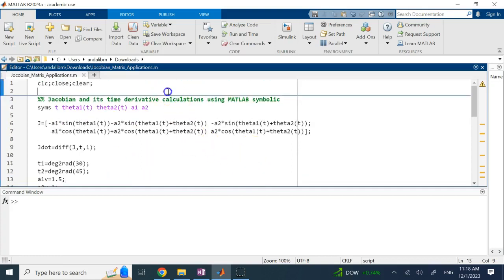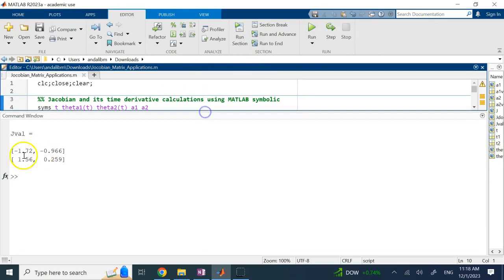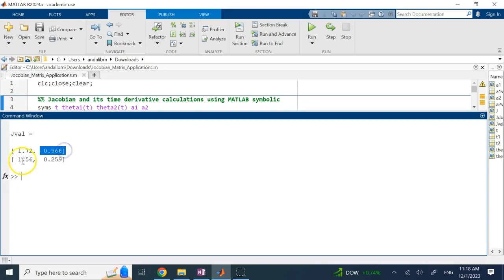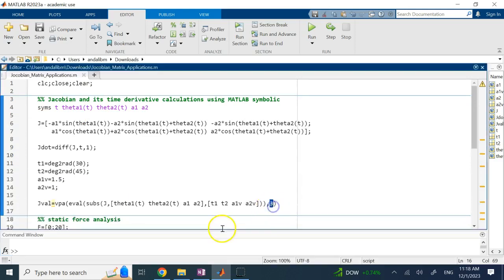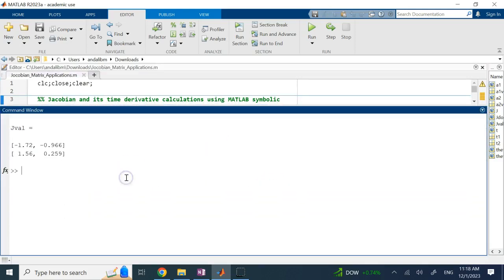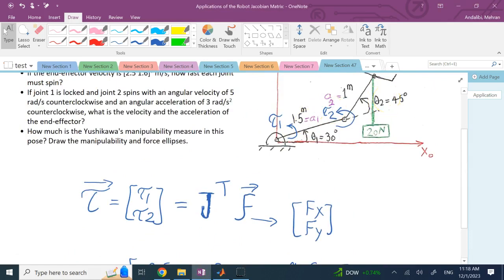If I just run this section only, you're going to get the Jacobian matrix: negative 1.72, negative 0.966, 1.56, and 0.259. I'm using 3 digits here, and that's what you see in this vpa of 3. So this is the Jacobian of the robot in this specific configuration for these 2 specific angles.